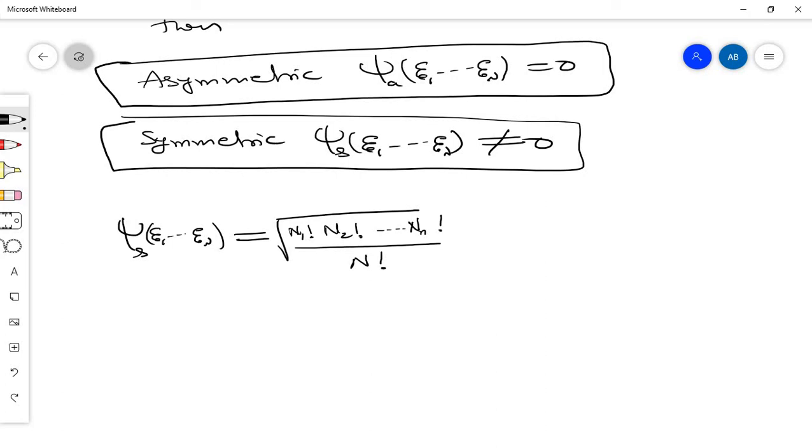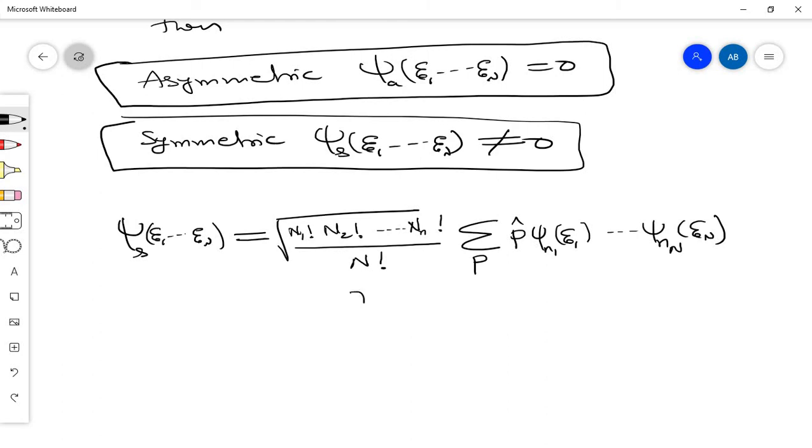Okay. Sigma over permutations P-cap of psi n1 e1 and so on. Remember, it is a multiplication: psi nn en. Okay, fine. The summation is taken only over the permutations which lead to distinct terms.